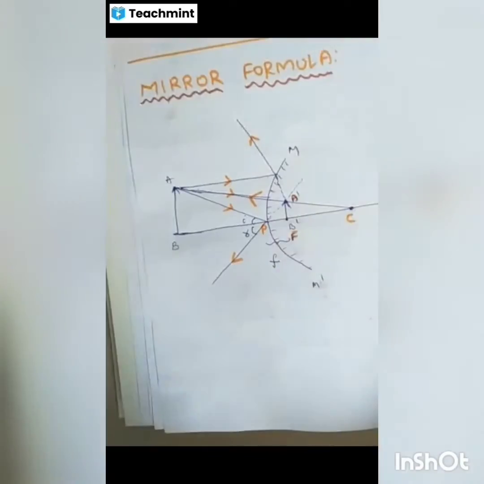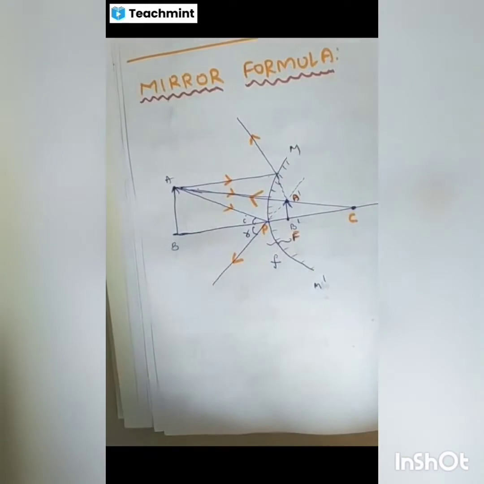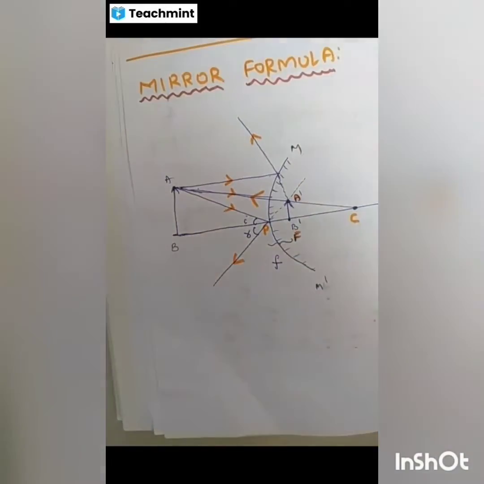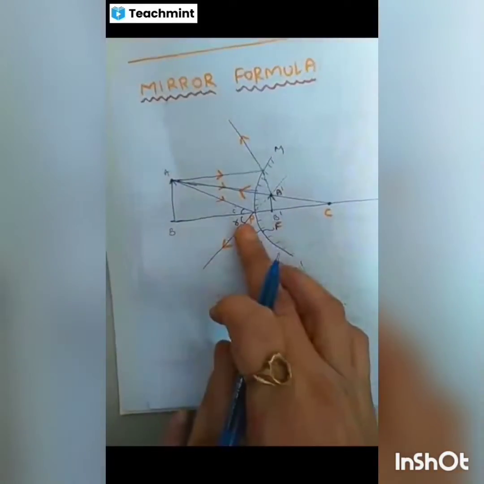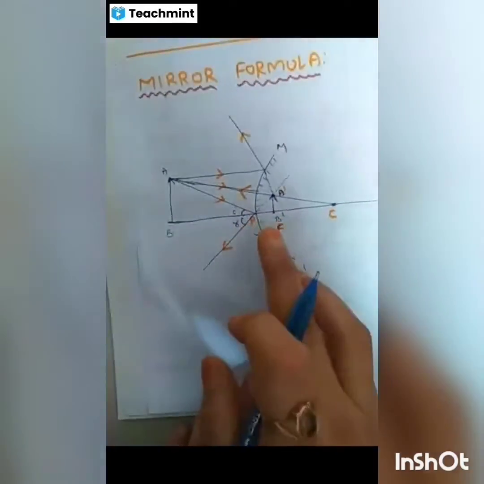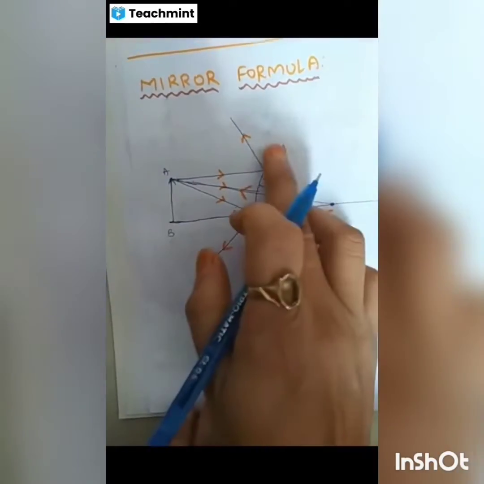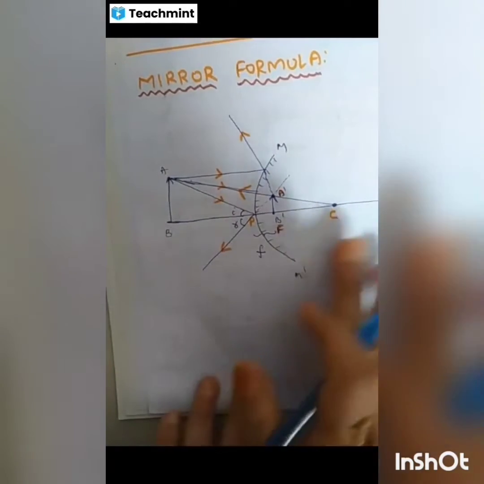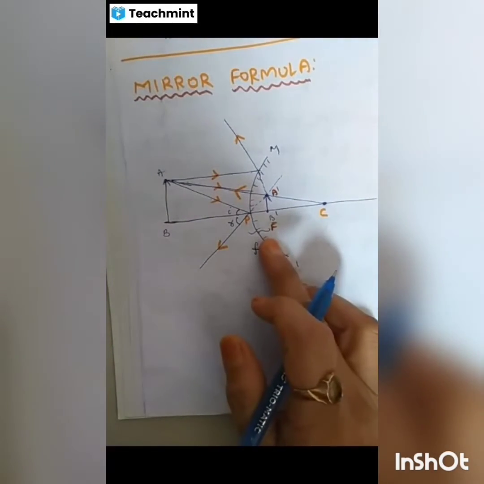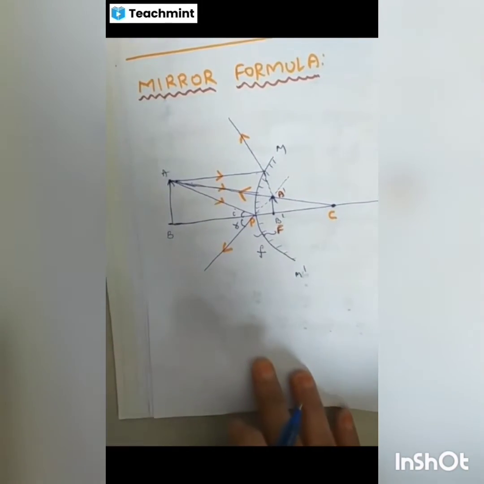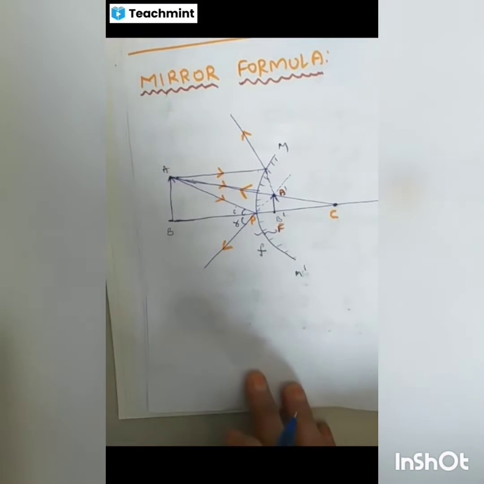So we want the mirror formula. Mirror formula is nothing but to derive the formula for the focal length of a mirror. So we can take either convex or concave. So I took a convex mirror here. In the inner part of that mirror, it cannot work, right? So I am taking three incident light rays. It's enough to draw just three.